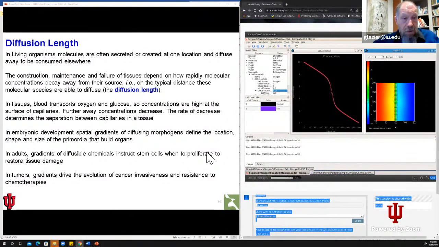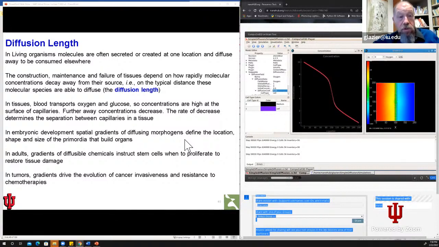If we have capillaries, capillaries will supply glucose and supply oxygen to tissue. And we need to have a sufficient supply of glucose and oxygen to keep the tissue alive. If those concentrations go too low, the cells couldn't live.